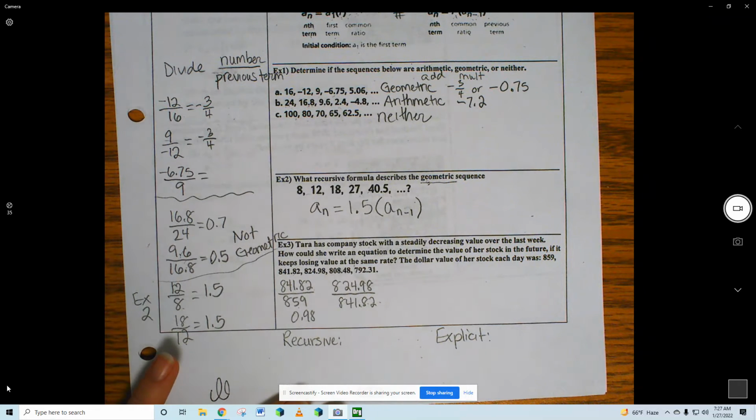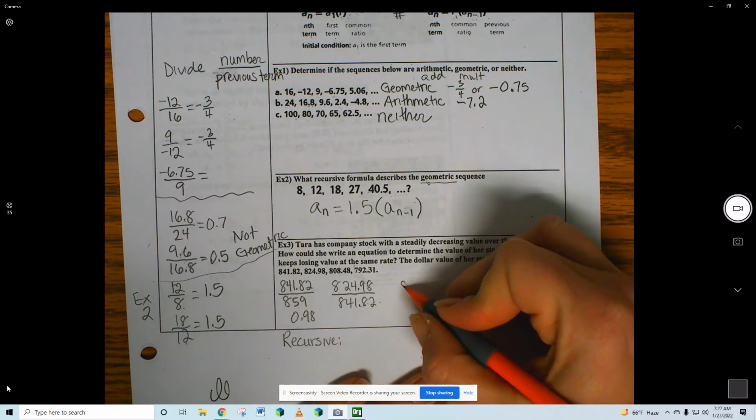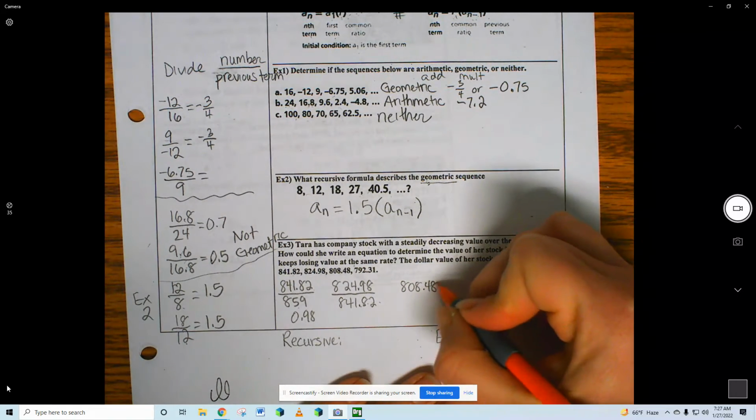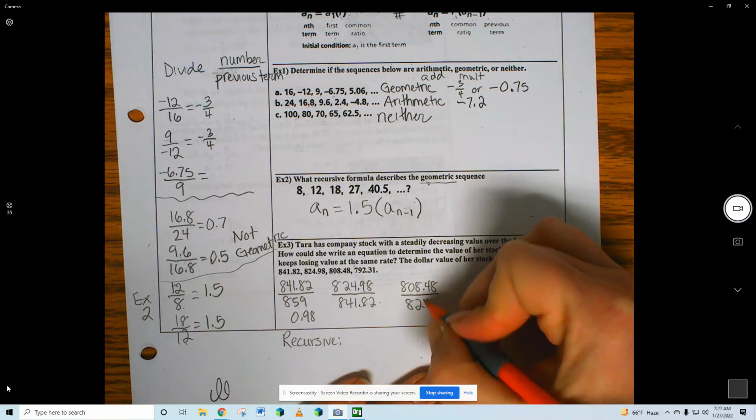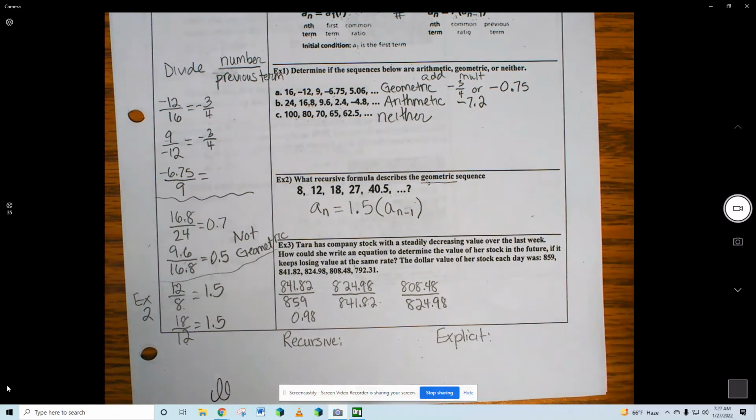No. Oh my gosh, I really can't hear anybody. Maybe it's the masks. So they're not the same ratio. This is not good. Let's do the third one.